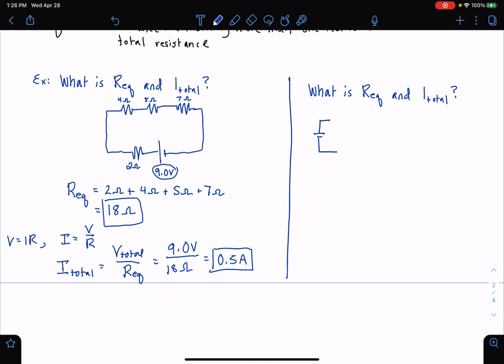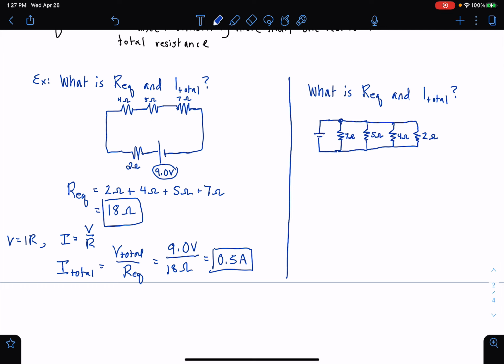It is connected to a 7 ohm resistor, a 5 ohm resistor, a 4 ohm resistor, and a 2 ohm resistor.